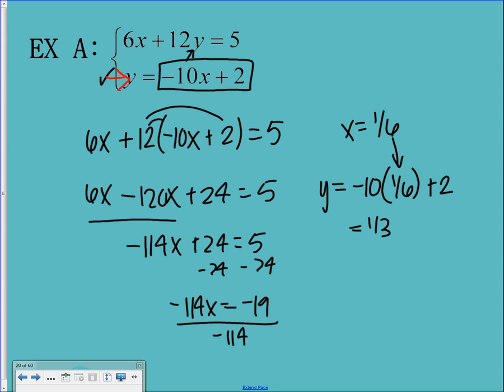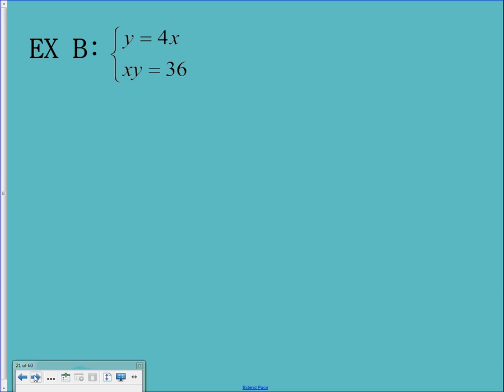Again, all of our answers need to be ordered pairs, x, y. So I've got 1/6, comma 1/3 for my final point of intersection. Obviously, that would have been a little harder to do yesterday on the calculator with these fractions, so that's why sometimes using the algebraic solution is nice.